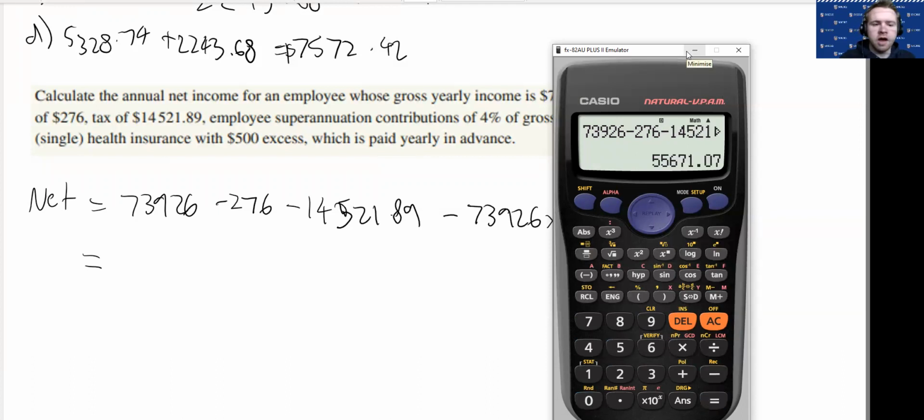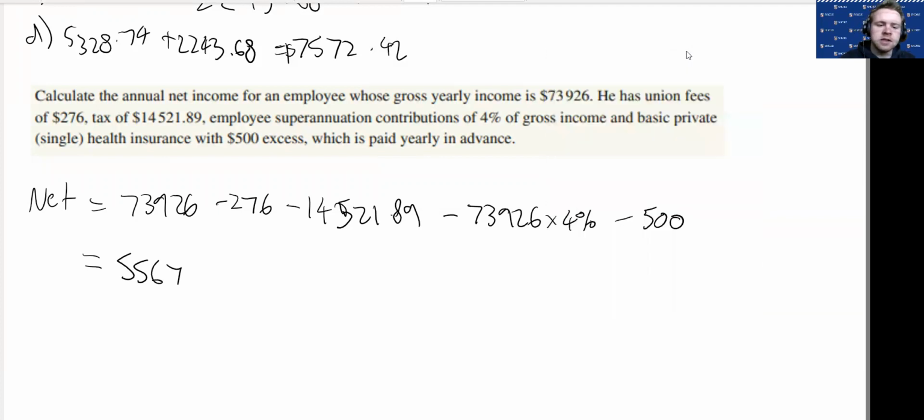Okay, and there we have it, 55671.07. So that's how much money they actually get to keep, and we haven't even started to talk about expenses.